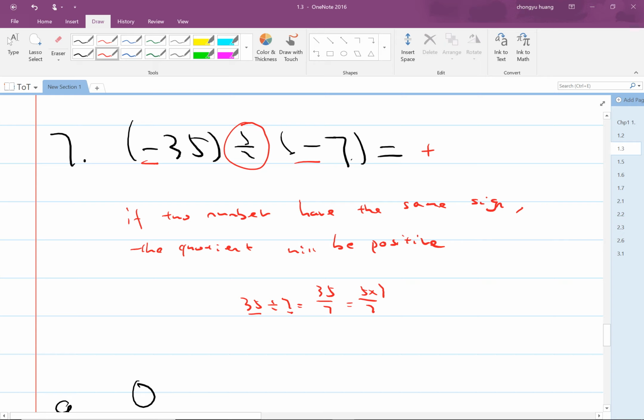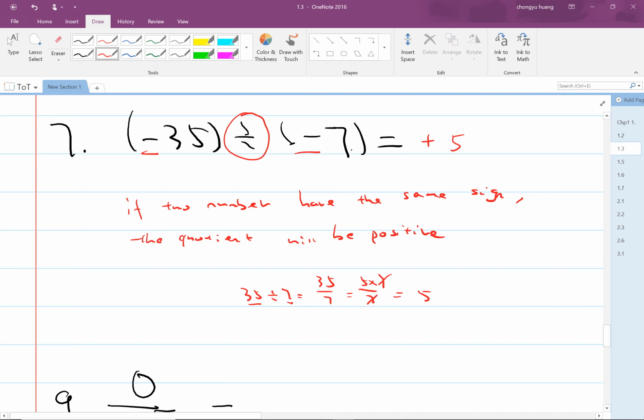So here 7 is on the right-hand side, so it's going to be 7 in the denominator and 35 in the numerator. And 35 is actually equal to 5 multiplied by 7, so you just cancel it, and it equals 5. So the answer is going to be positive 5. That is the answer for question 7.